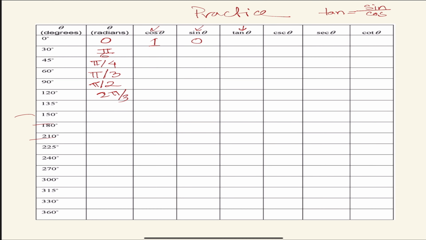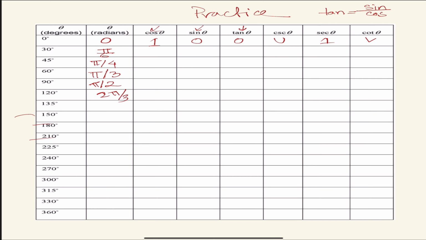So 0 divided by 1 is 0. Cosecant is the reciprocal of sine, so it's going to be undefined. Secant is the reciprocal of cosine, so if you flip it, it's going to be 1. Cotangent, if you flip the tangent, it's going to be undefined.